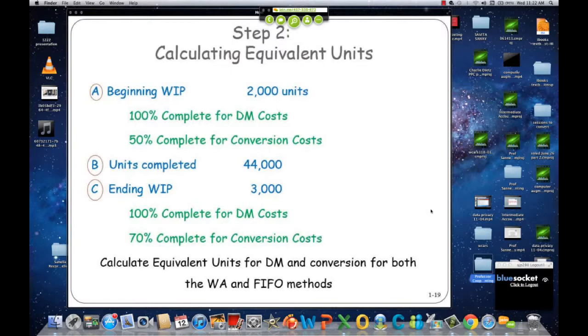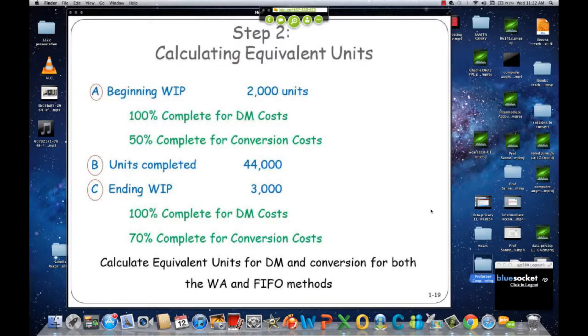Okay. So we know we completed 44,000 units. We know that 2,000 units of those 44 came from last period, right? So the first thing we did is complete 2,000 units that were already in process. And then we had a total of 44,000.